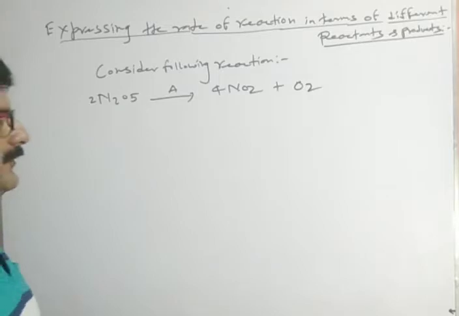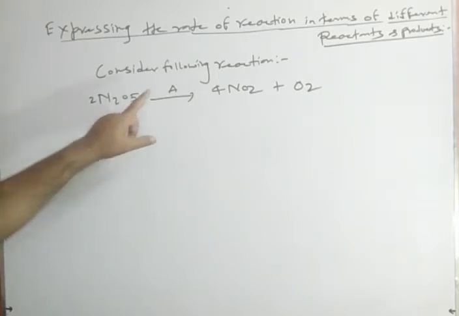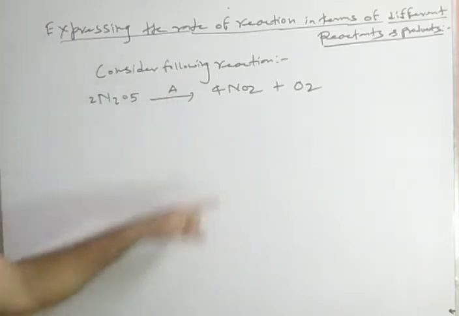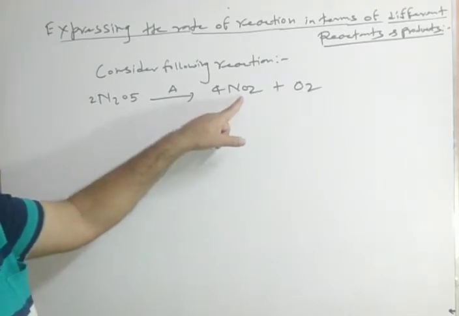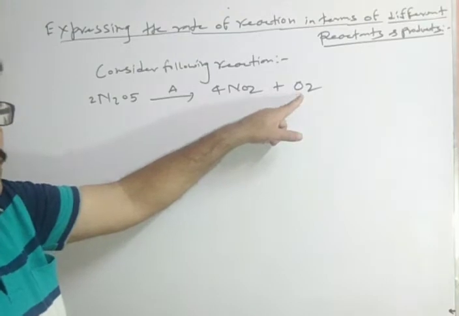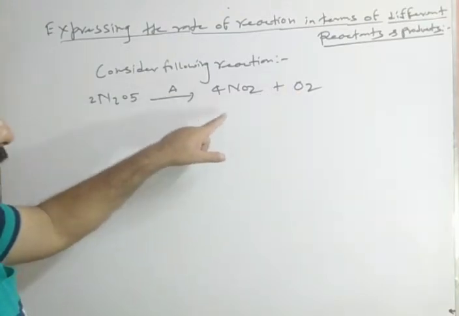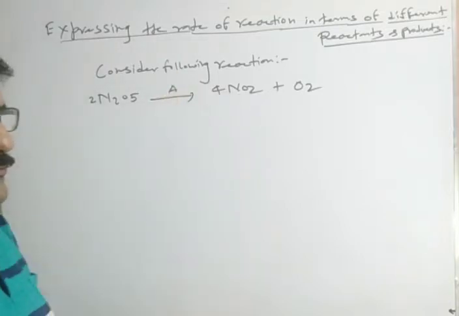In this reaction, we can say what? The rate of disappearance of N2O5 is just half of the formation of NO2, and the formation of O2 is 1/4 the rate of formation of NO2.